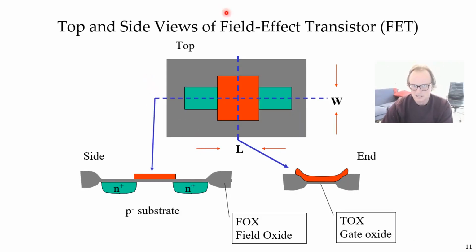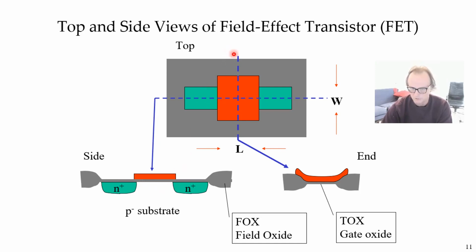And here are top and side views of field effect transistors. So a top view, if you actually drew the layout of this transistor, would have an active region in green and a polysilicon gate in red. And if you look at the side view with a cross-section like this, crossing from source to drain from the side, as people usually look at it, it looks like this, right? Just like we saw: the source here, drain here, and gate, and then oxide.